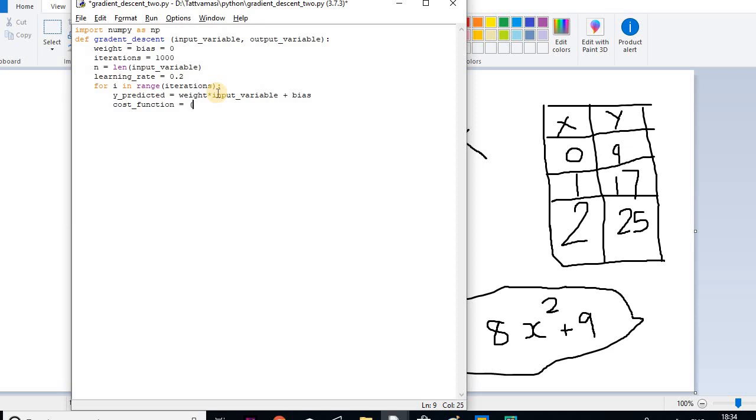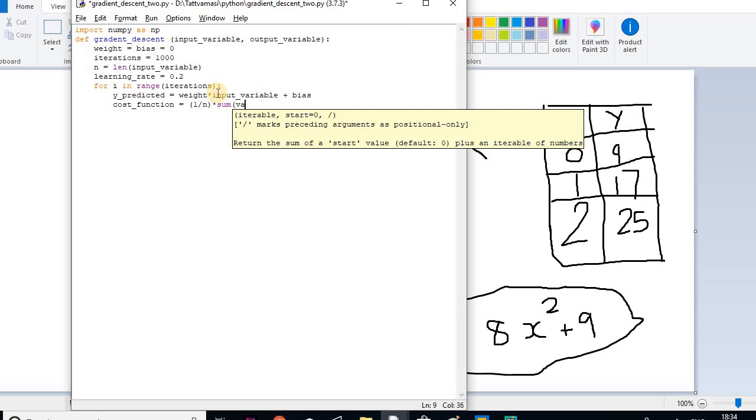Its equation is 1 by n, where n is the length of the input variable, that means the number of rows, 1 by n into the summation sigma. So here we have the sum of, when we differentiated, the partial derivative, we have the exponent 2, the square of it, we need to put it there.